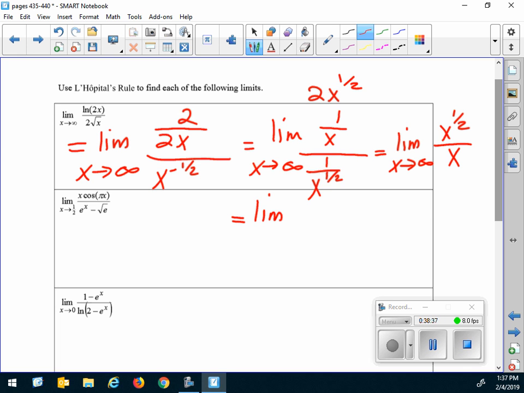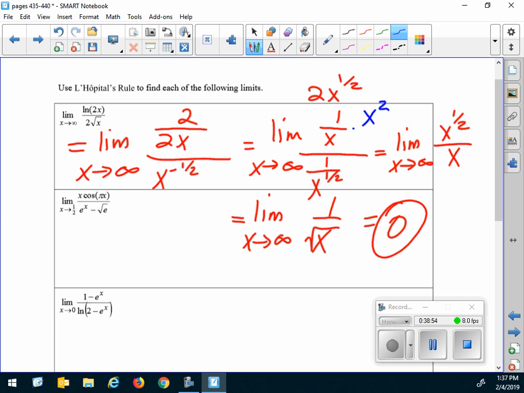Caden, you want to go through that? Remember, dividing by 1 over x to the 1/2 means times x to the 1/2 over 1. So you get x to the 1/2 over x, which leaves you with 1 over root x. You get 0.